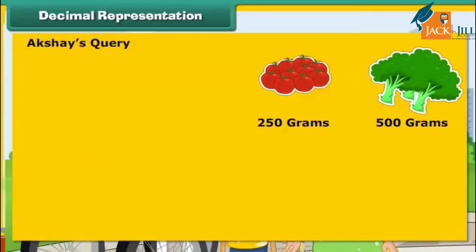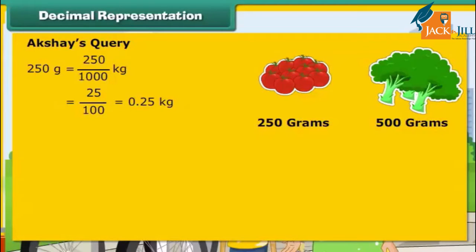Let us now express the vegetables Akshay's mother purchased as kilograms. 250 gram is equal to 250 by 1000 kg. That is equal to 25 by 100 kg. That is equal to 0.25 or 1 by 4 kg. 500 gram is equal to 500 by 1000 kg.